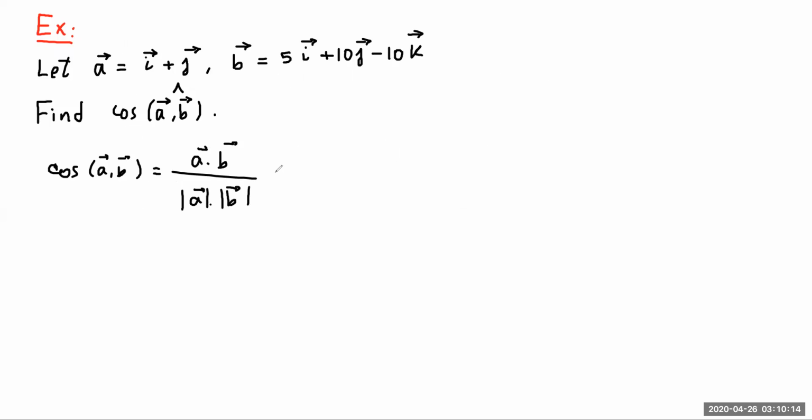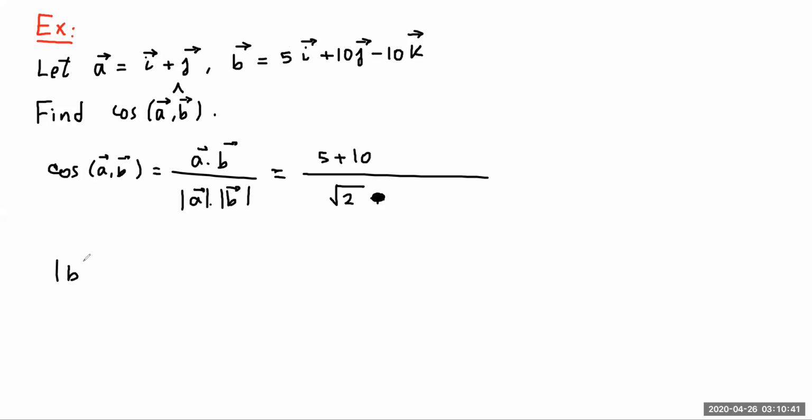So let's calculate each term here. What is the dot product A times B? X by X is 5, Y by Y plus 10, Z by Z 0, over length A, which is root 2, times length B. How to calculate length B?